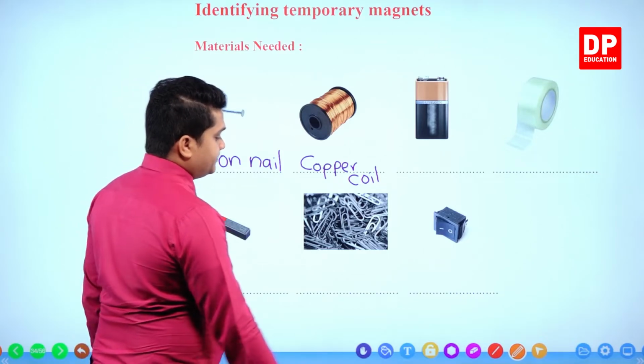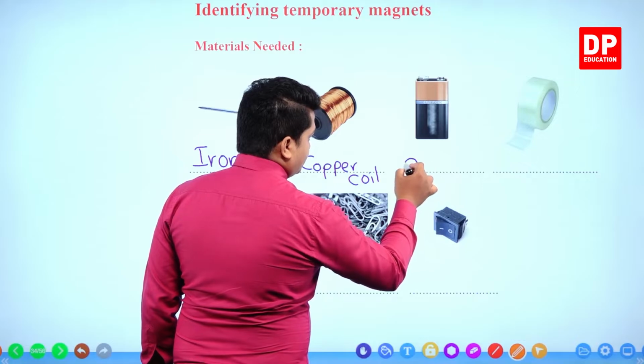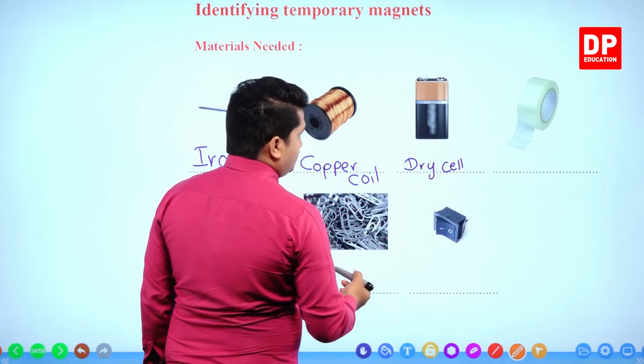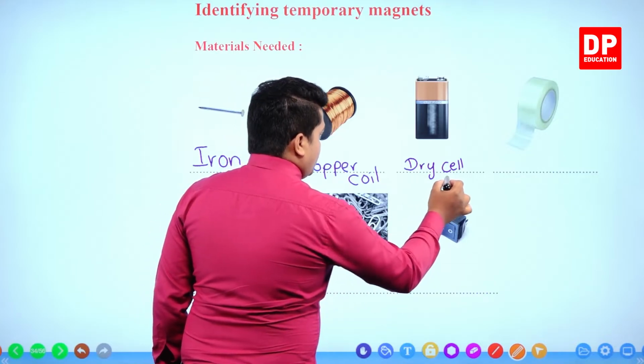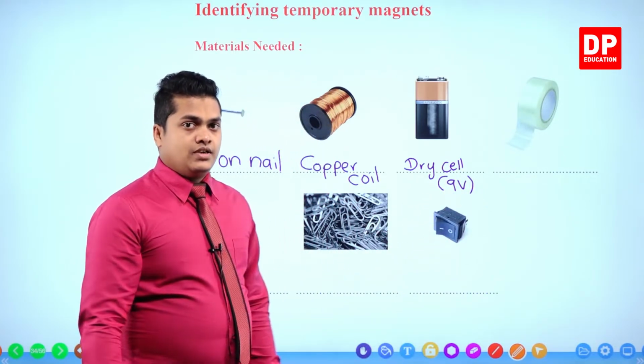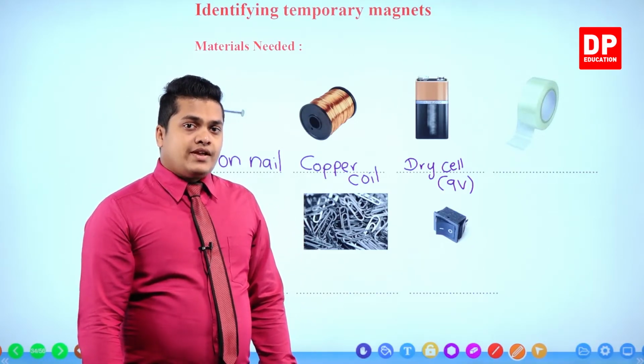Then after that, we'll be needing a dry cell. It is better to use a 9 volt dry cell.